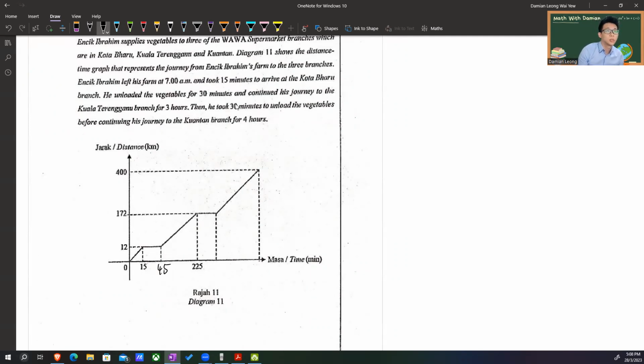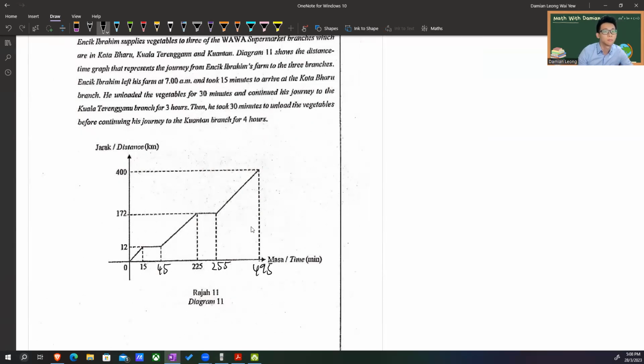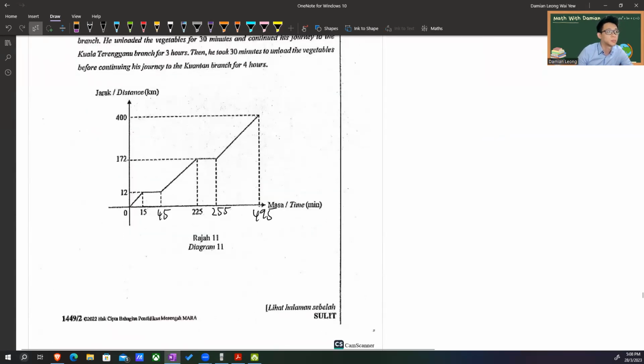And continue journey for 3 hours, which is here. Then he took another 30 minutes break. So it's 255, and then another 4 hours. 255 plus 4 times 60, 495.